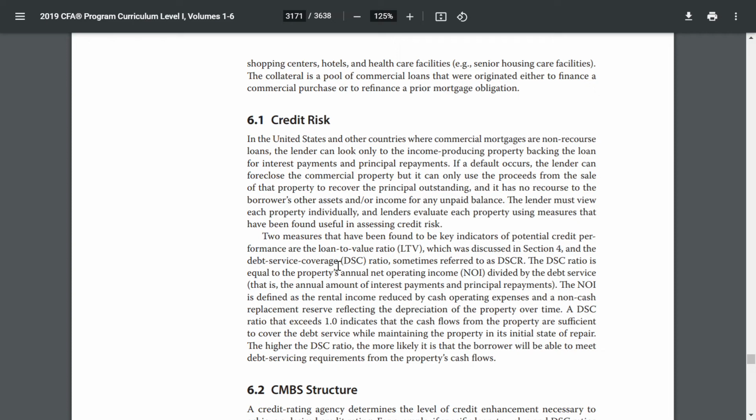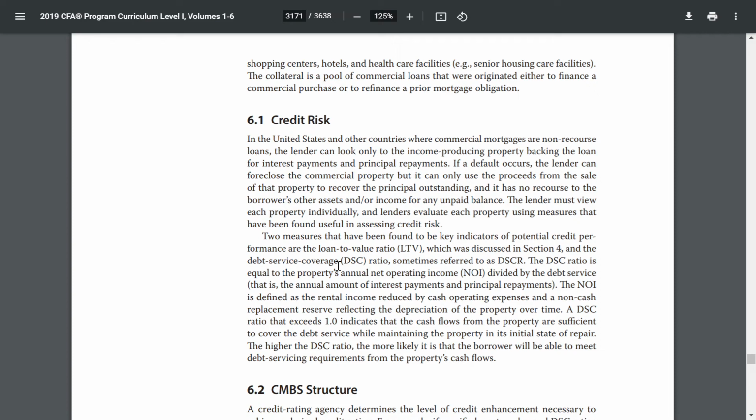In the U.S. and other countries where commercial mortgages are non-recourse loans, the lender can look only at the income-producing property backing the loan for interest payments and principal payments.